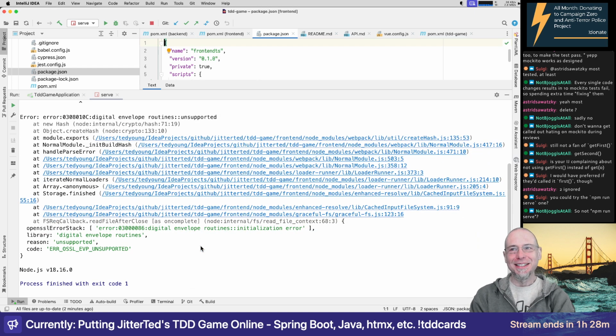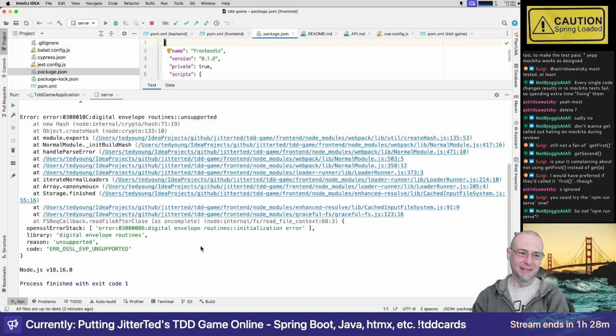So because this is so old, it won't run on the Node that I have installed. And I'm not sure I want to run npm update.